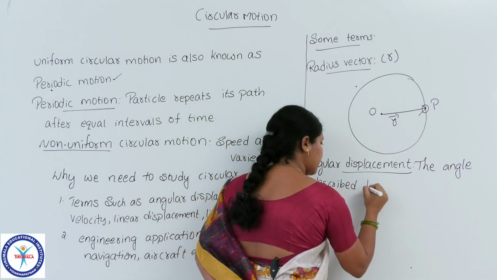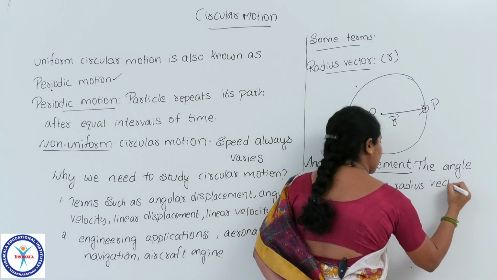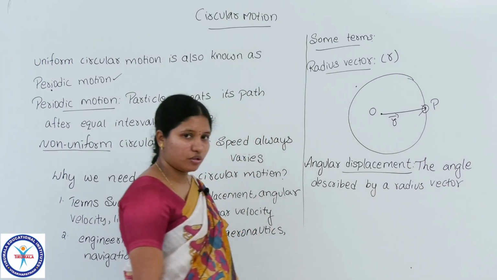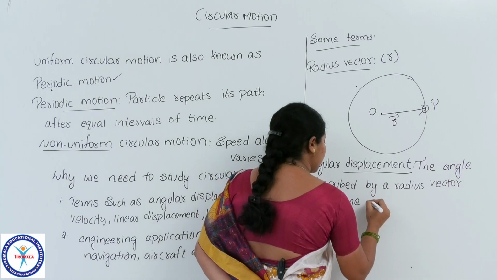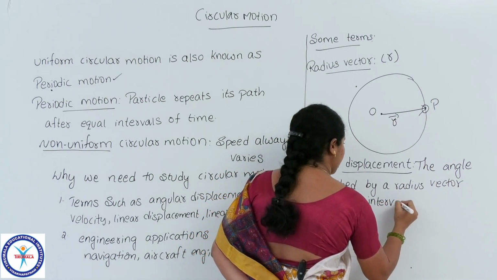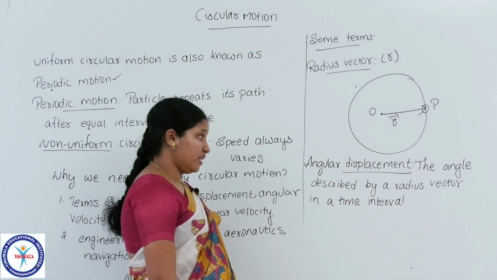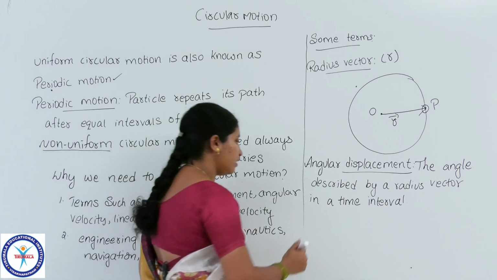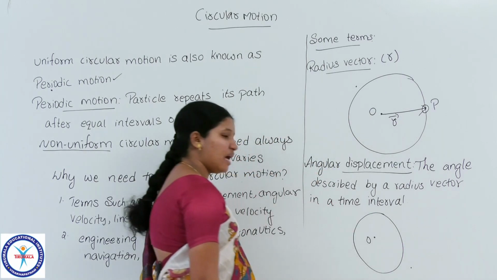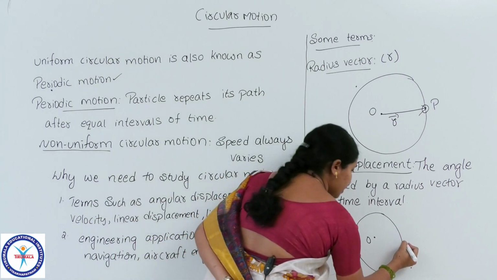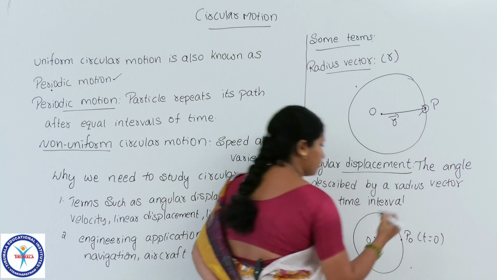What is meant by angular displacement? The angle described by a radius vector in a time interval t is known as angular displacement. Suppose this is a circle, O is the center of the circle, and I am considering the position of the particle at P0 at time t equal to 0.